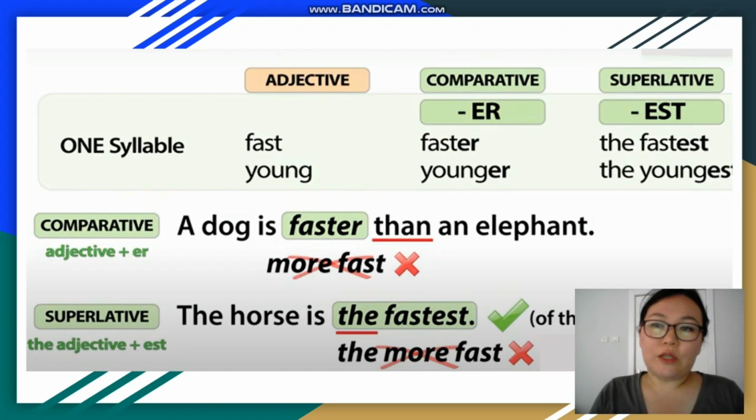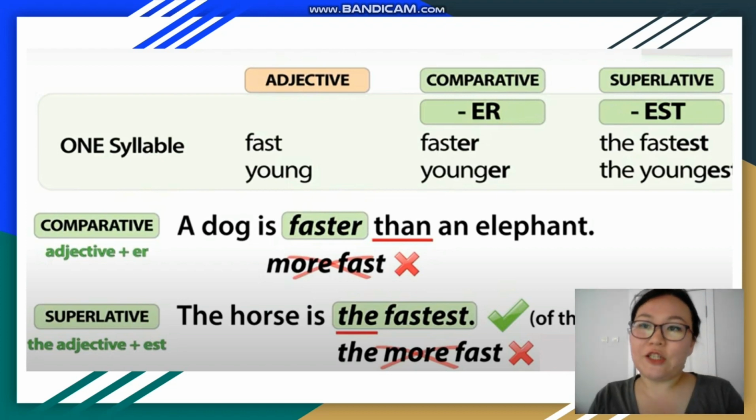It is important to have the article the before the superlative. The horse is the fastest. Again, since the adjective has one syllable, we don't say the more fast. No, we say the fastest.